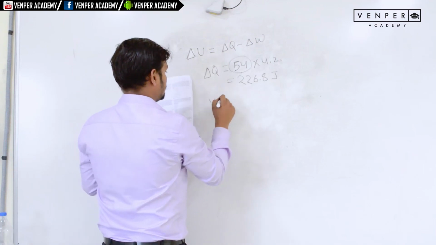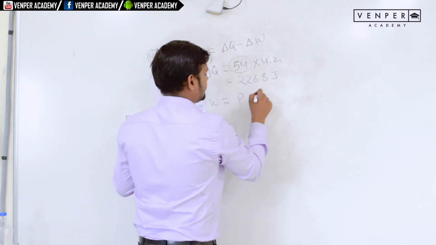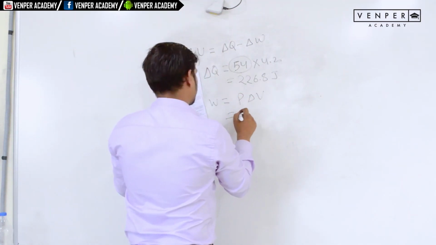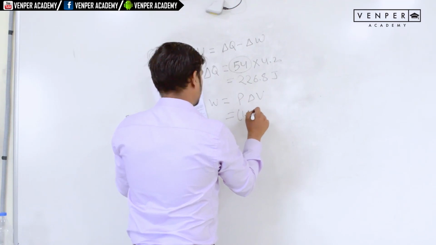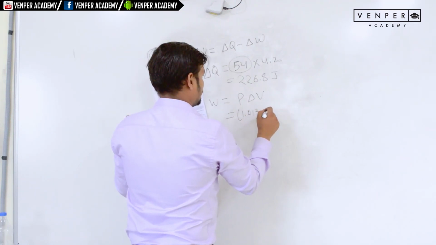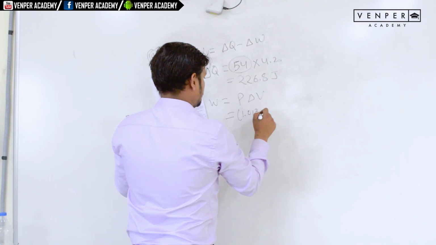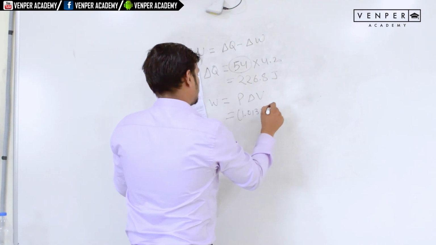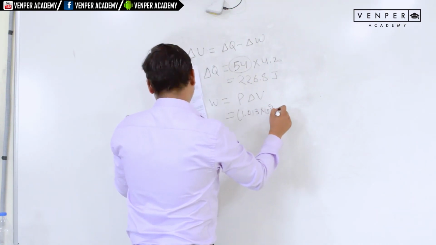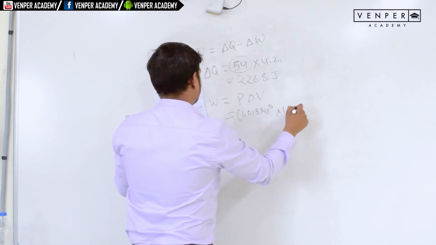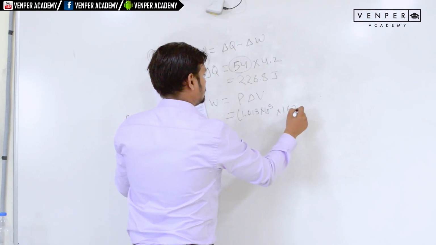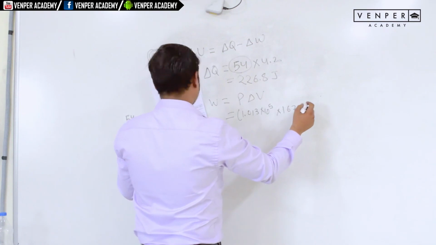Next is work done. Work done is equal to what? P delta V. Pressure is given as 1.013 into 10 raised to power 5, and delta V is equal to what? 167.1 cc. Cubic centimeter is what?